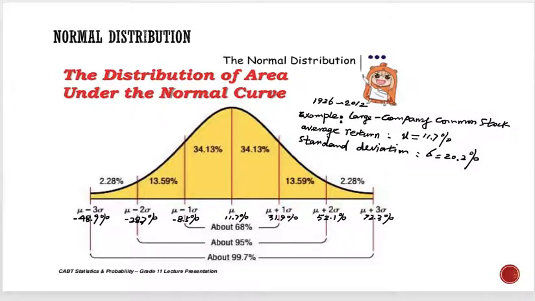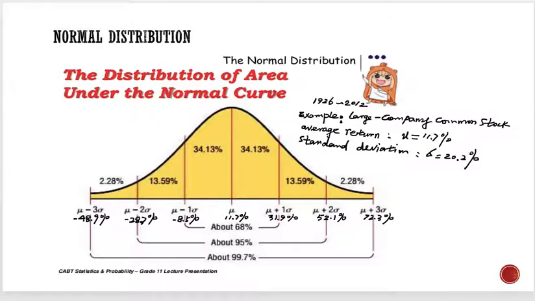One is about 68% of the data points fall between the mean minus 1 standard deviation, the lower boundary, and the mean plus 1 standard deviation, the higher boundary.